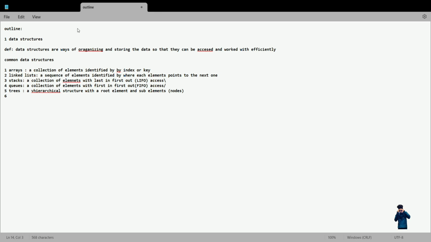Sixth one, last but not least, is hash tables. What do you mean by hash tables?